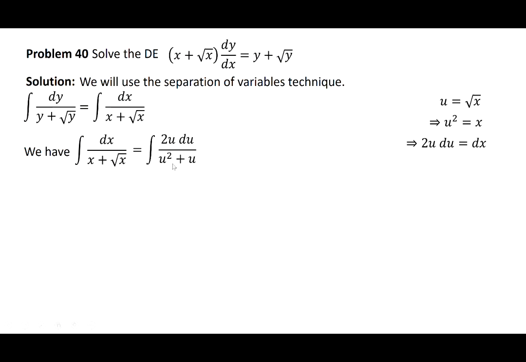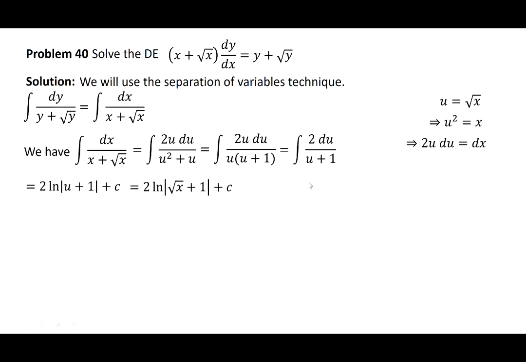For x, we'll plug in u squared. And for square root of x, we'll plug in u. That means we can factor out a u from the bottom, and so u's cancel, and this reduces to 2 over u plus 1, which is 2 times natural log of absolute value of u plus 1 plus c. Plug back u equals square root of x, and we're done.